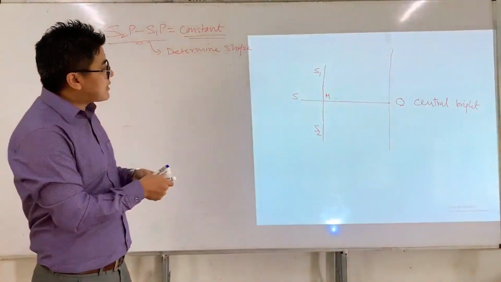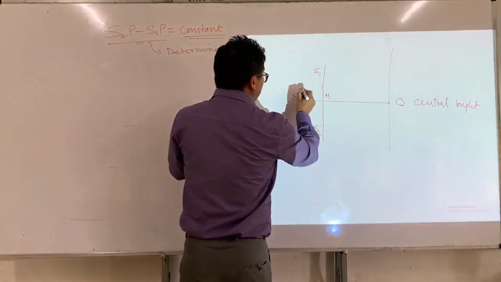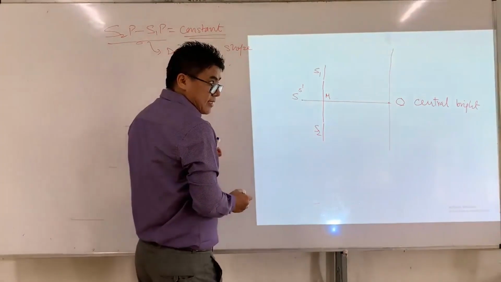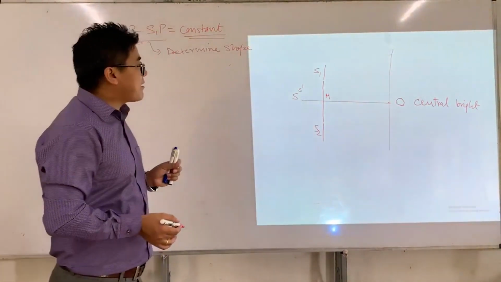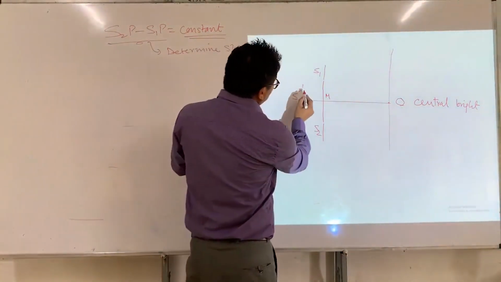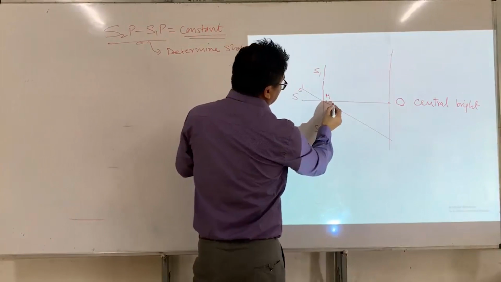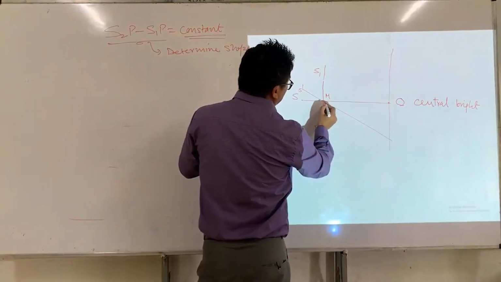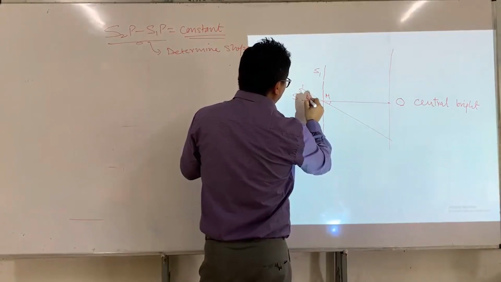Now, if I move S to S prime, the question is, where would the center bright be? Let's say this is angle phi.